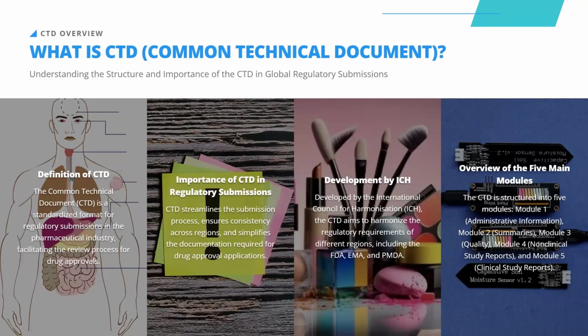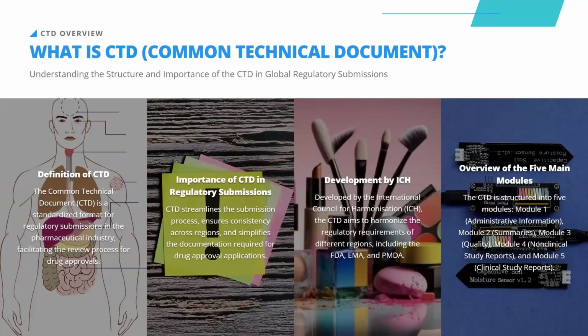ICH regions include the US FDA, Europe EMA, Japan PMDA, and Health Canada, along with TGA and others who adopted the CTD format. So all in all, it is streamlining the submission process, ensuring consistency across regions, and simplifying the documentation required for drug approval applications.